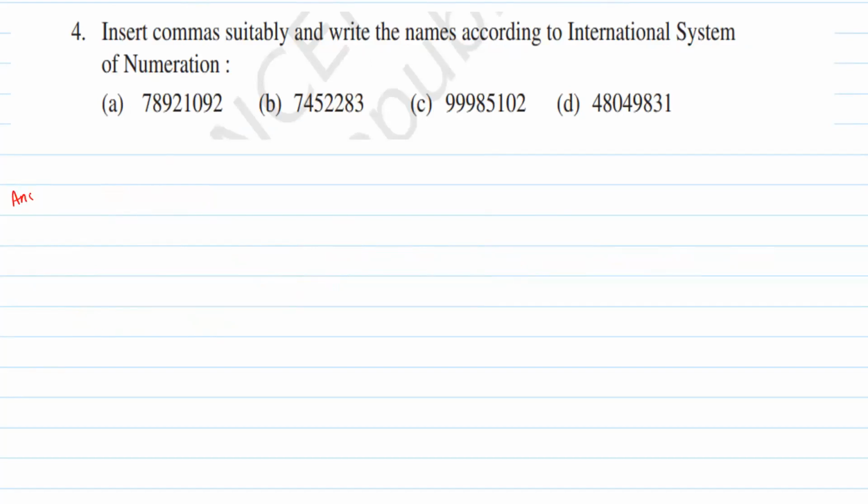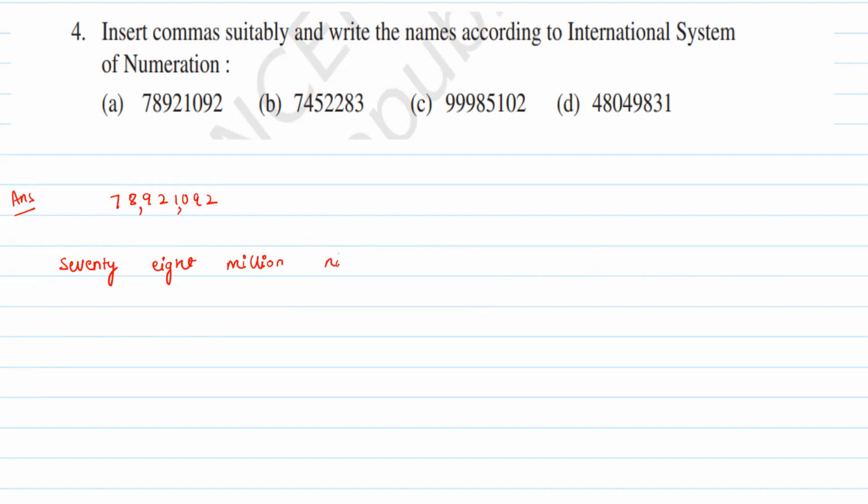Coming to the fourth question, it says insert comma suitably and write the names according to international system. Now you have to write it according to international system. So 78921092. In international system, we have 3, 3, 3. So the very first period here will be 78 because we do not have anything in 100 million because it is not going in billion.